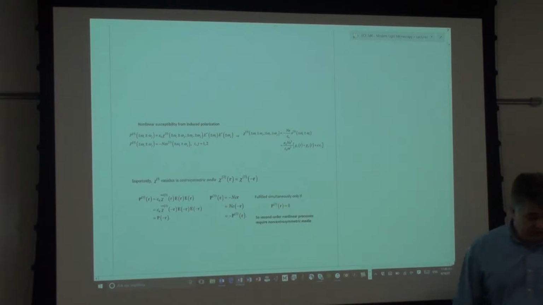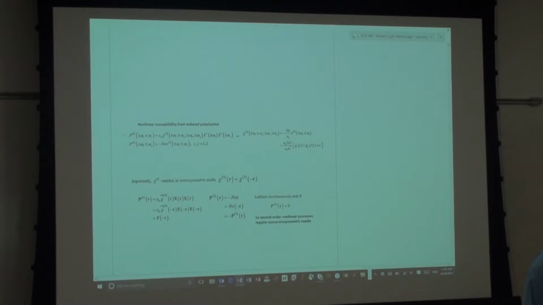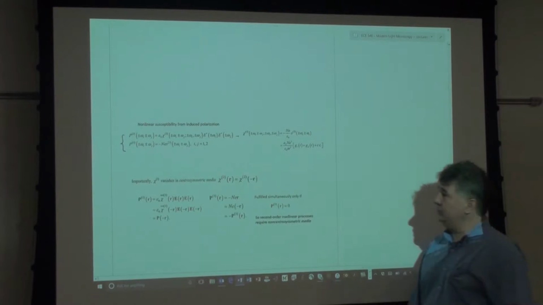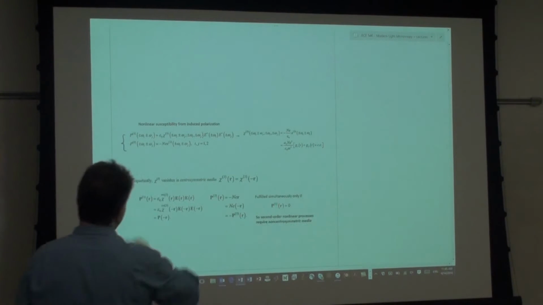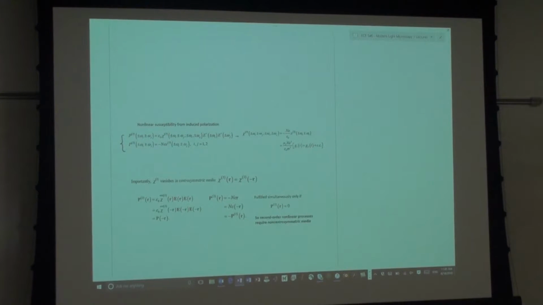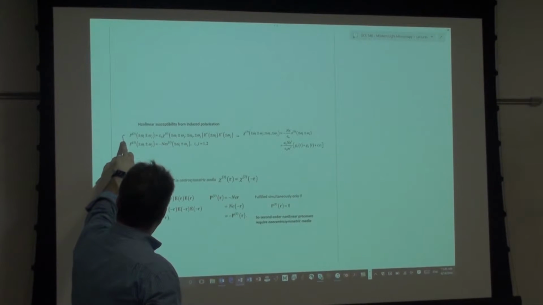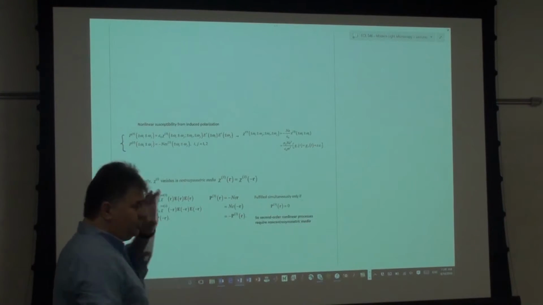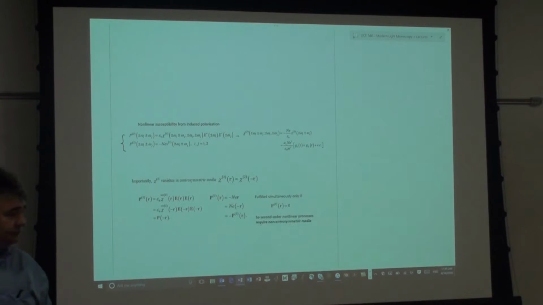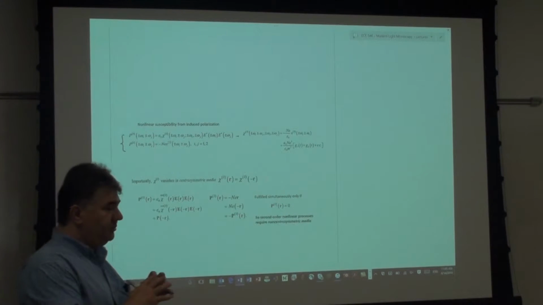Here's a typical notation for the nonlinear interaction. This is the OP that we talked about earlier. This is the induced polarization. This is a macroscopic thing. By the way, I want you to be clear on this. We're talking here only about the nonlinear effects.